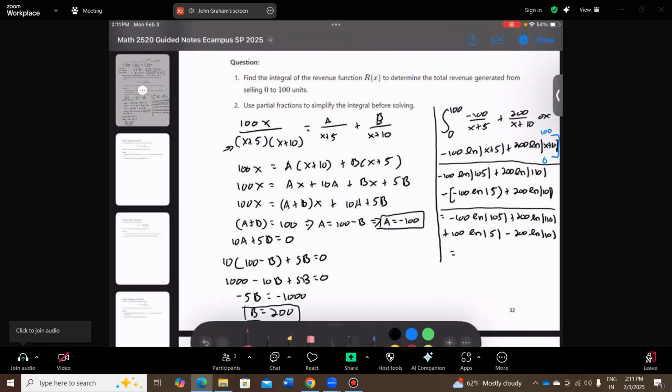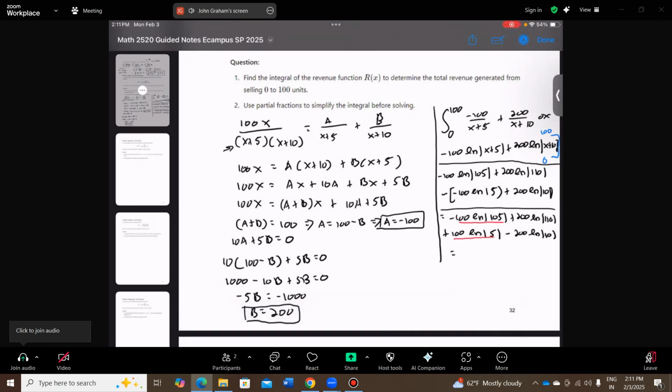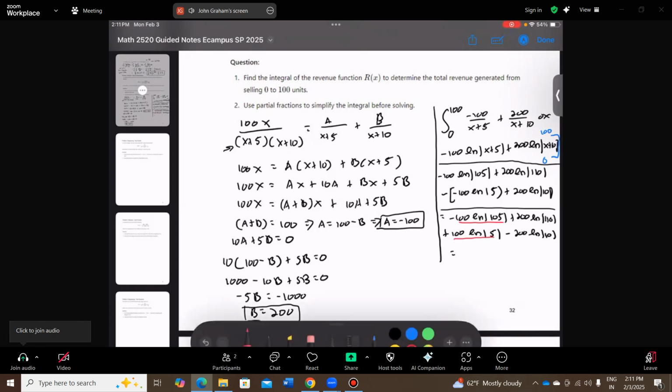These two, they're subtracting, so you'll have natural log of 5 minus the natural log of 105, and then the whole thing times 100. And inside that, if they're subtracting, then they're dividing. So we can write this as 100 natural log of 5 over 105.